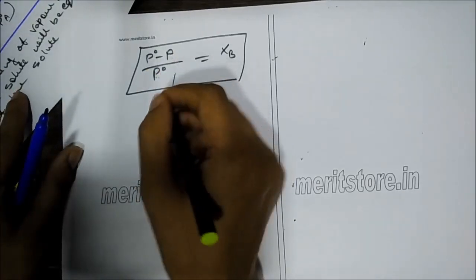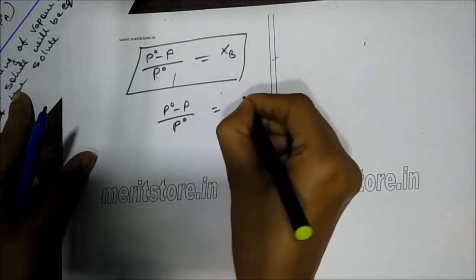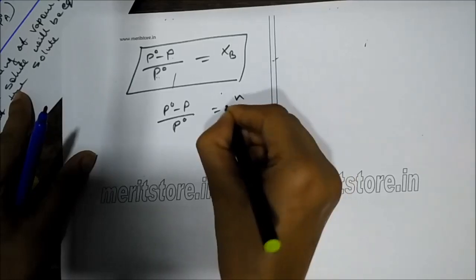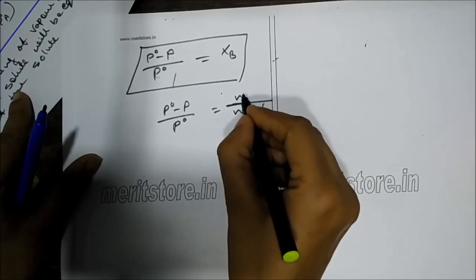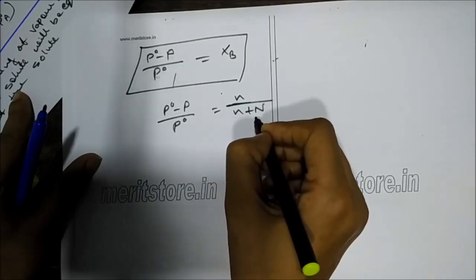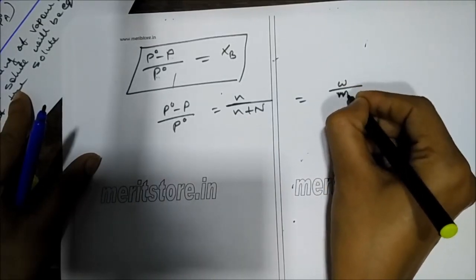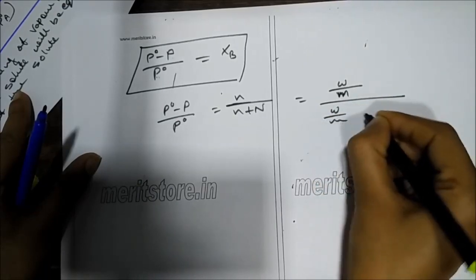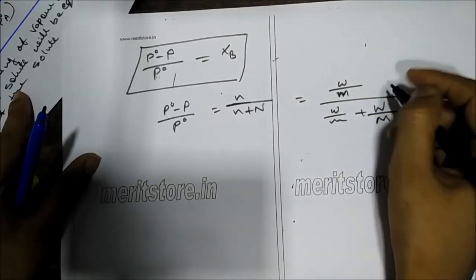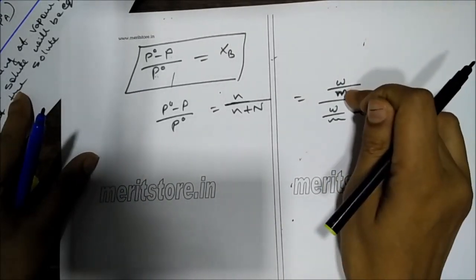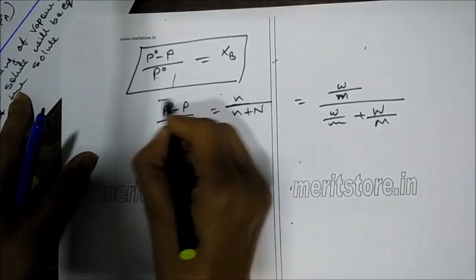We can write it like this also: P naught minus P upon P naught will be equal to the molar fraction, n upon n plus N. This is the molar fraction, the number of moles of component B upon the total number of moles, or we can write W by M, the weight and molecular weight of the solute and the weight and molecular weight of the solvent.